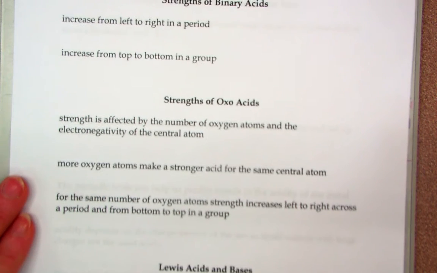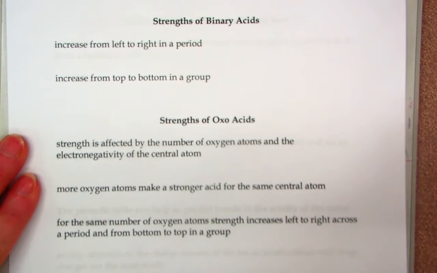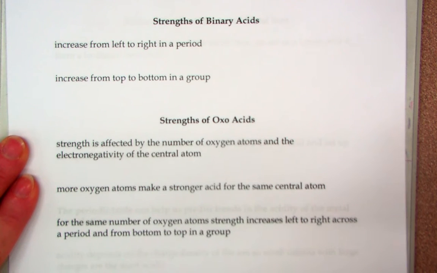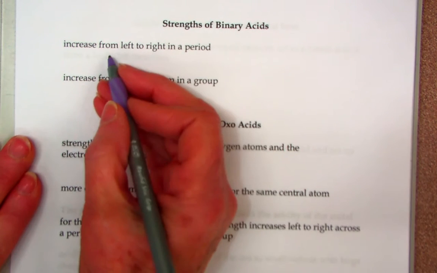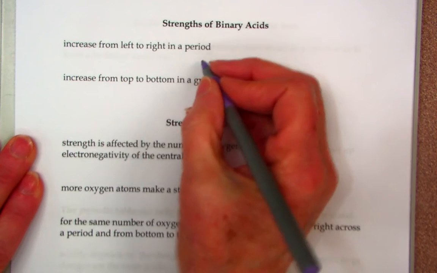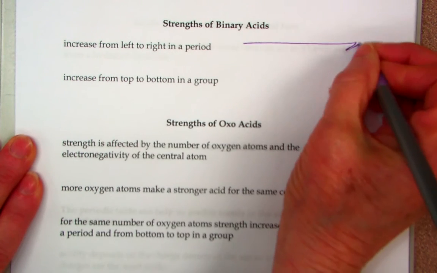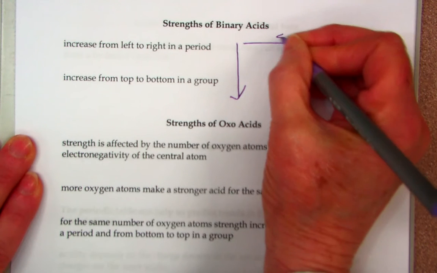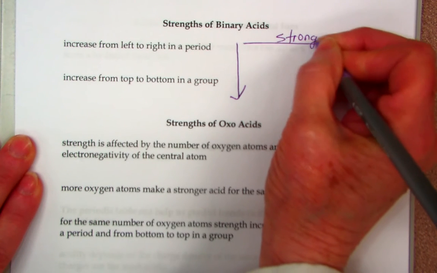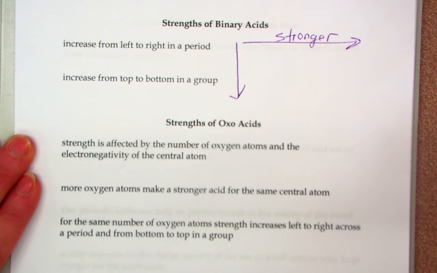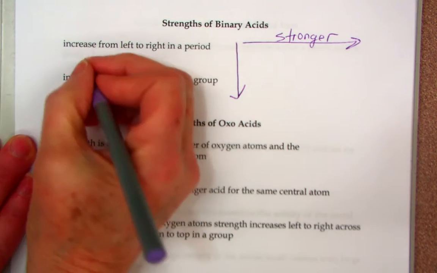So when we have binary acids, things like hydrochloric, hydrosulfuric, as we're looking at the periodic chart, they increase in strength from left to right in a period and from top to bottom in a group. So if you think about putting arrows on the periodic chart, look at the second period going left to right for boron, carbon, nitrogen.